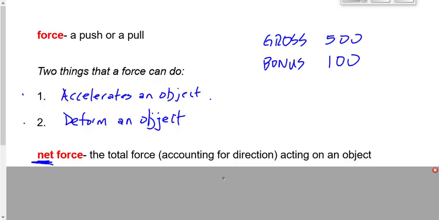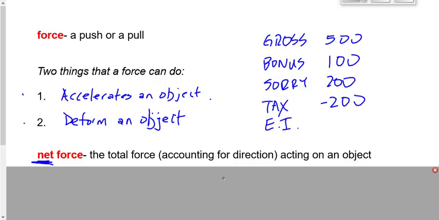And then, well, they give me another couple $100 because they feel sorry for me. So now I'm at $800, but now they take off like $200 for taxes. We're going to add negative $200 to it for taxes. They're going to take off $300 for employment insurance. And they're going to take off $280 for pension.